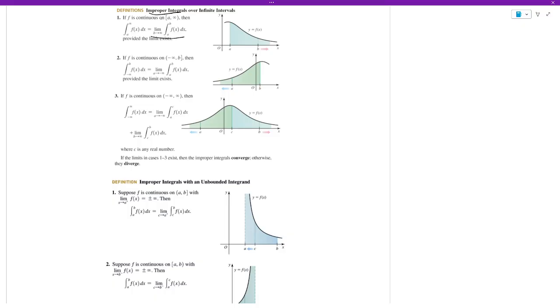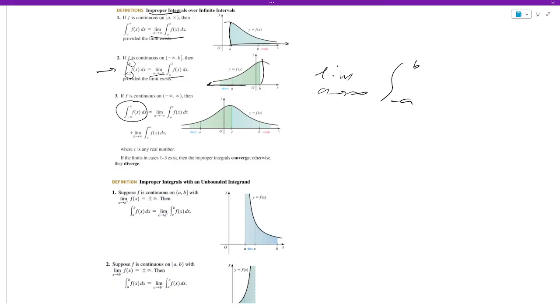And the picture to have in mind is here's your starting point, and you're going off to the right. You could do the same thing going to the left if you wanted to, starting at b and then going to the left. So I'm going all the way from negative infinity up to my point b. So I can write the limit as a goes to negative infinity of my integral. It would also be fine to write limit as a goes to infinity of negative a, right? As long as the sign works out, that's fine.